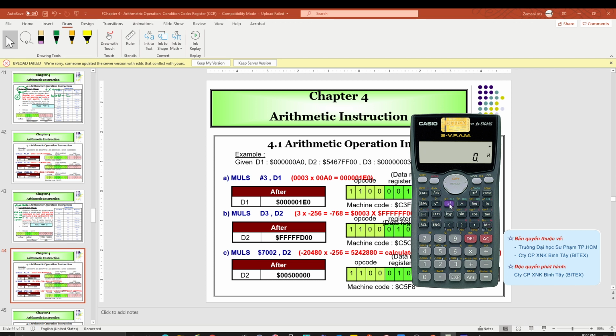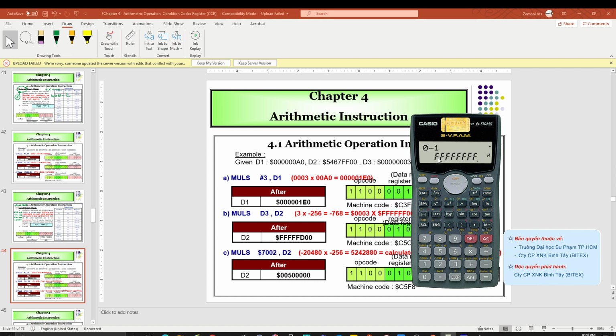So we go to decimal over here. Let's try. 0 minus 1 is equivalent to -1. So this is the decimal number for -1. So how does the second complement represent this number? If you go to the hexa number here, it will be all F in 8 digits.